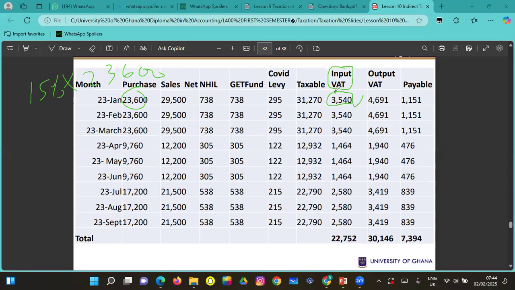So for the output VAT, our sales figure is there with the markup.